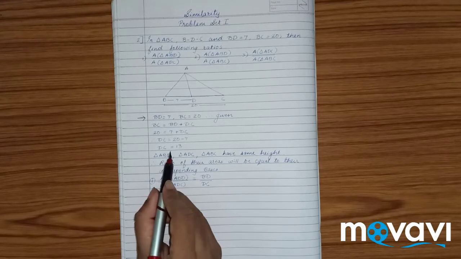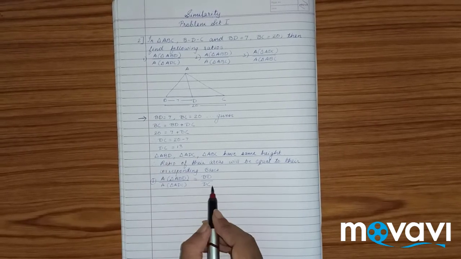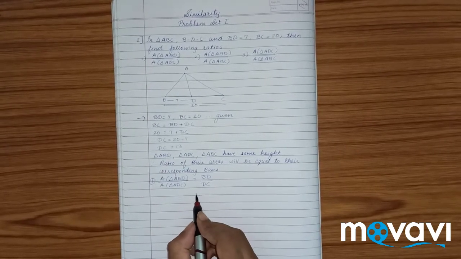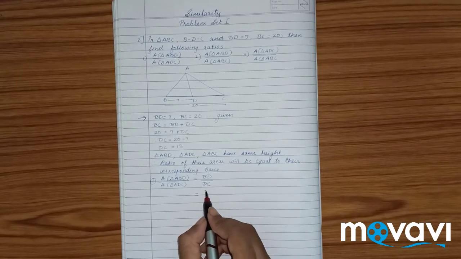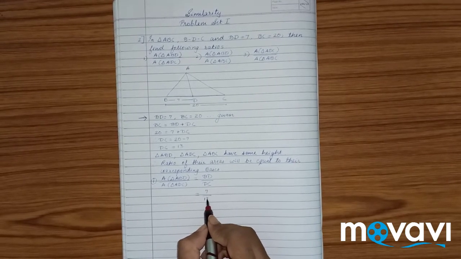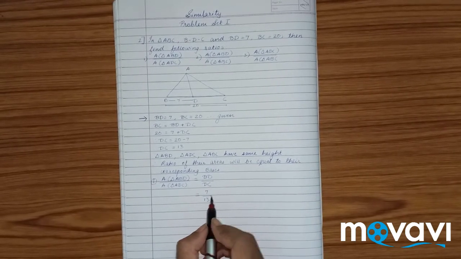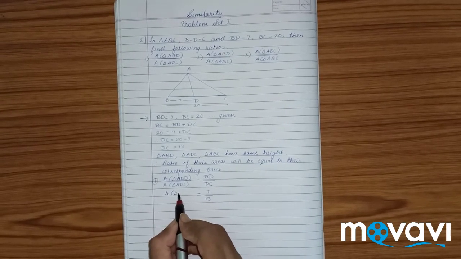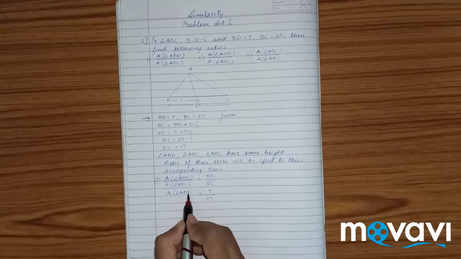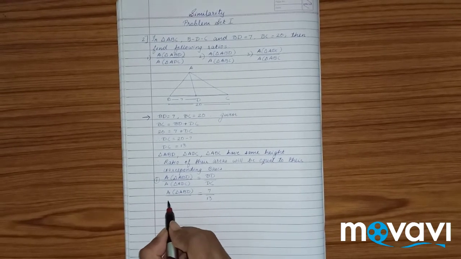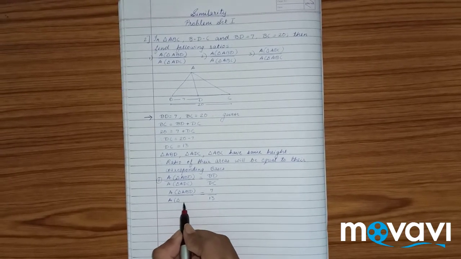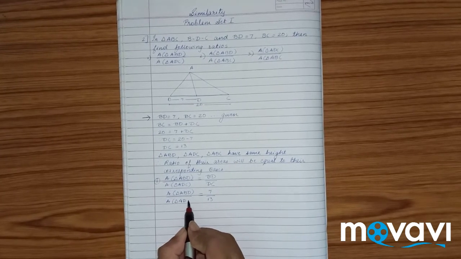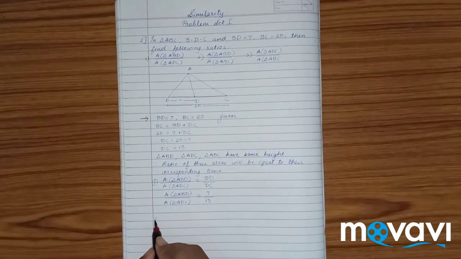Now we have already found DC, so we'll just substitute. BD is given to us, that is 7. DC is 13. So this is your answer for the first one. Now the second one.